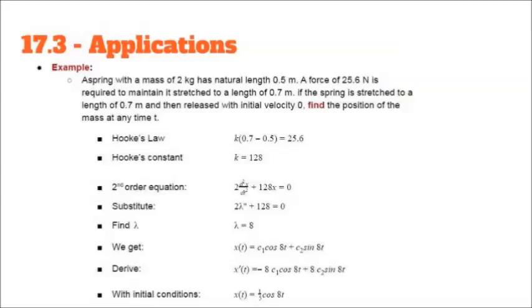Lambda is equal to 8 i. Then we get x of t is equal to c1 cosine 8t plus c2 sine 8t. Then x prime of t is equal to negative 8 c1 sine 8t plus 8 c2 cosine 8t. And then x of t is equal to 1 over 5 cosine 8t.